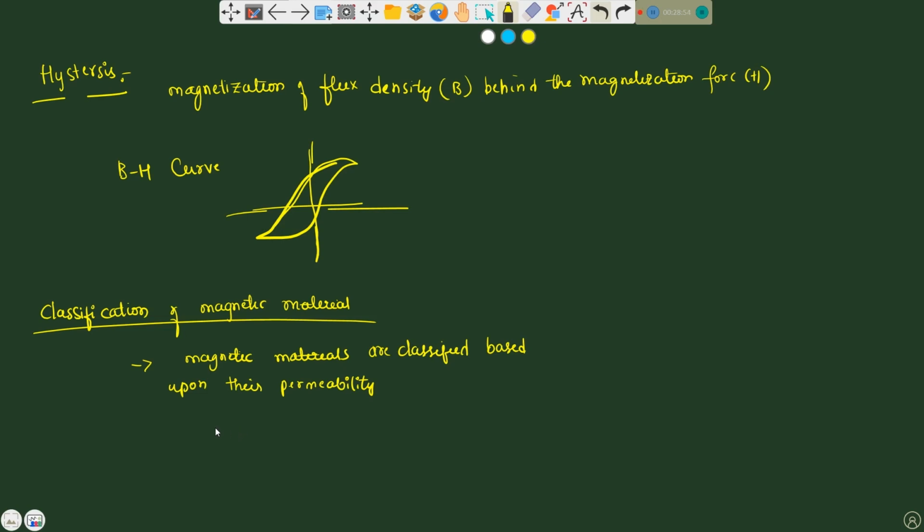So we have three. One is ferromagnetic material, another one is paramagnetic material, and we have diamagnetic material.